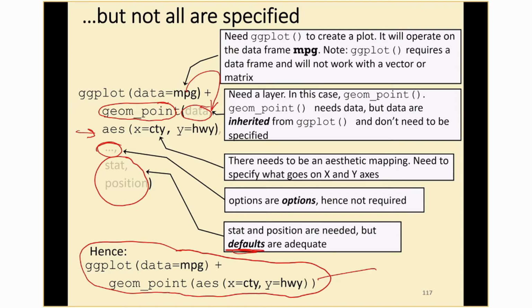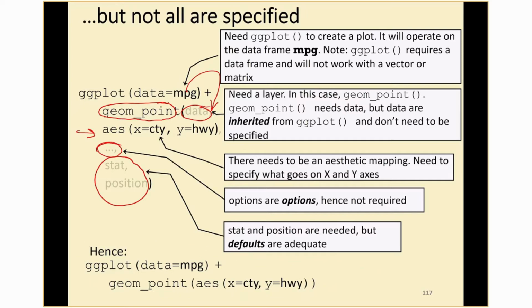If the defaults are adequate, they're not going to be specified. So, although every geom is going to have these 5 components somewhere, they don't all need to be specified because they can either be inherited, they can be options, or they may have defaults that are just fine.